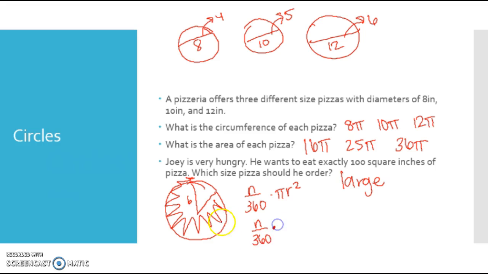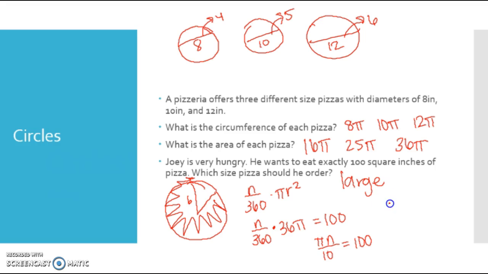And I know that the area of this large pizza, we already said, was 36 pi. I'm going to set that equal to the 100 that I want to find. So right off the bat, I know that the 36 and 36 pi simplifies to 1 over 10. So I have pi times n over 10 equals 100.